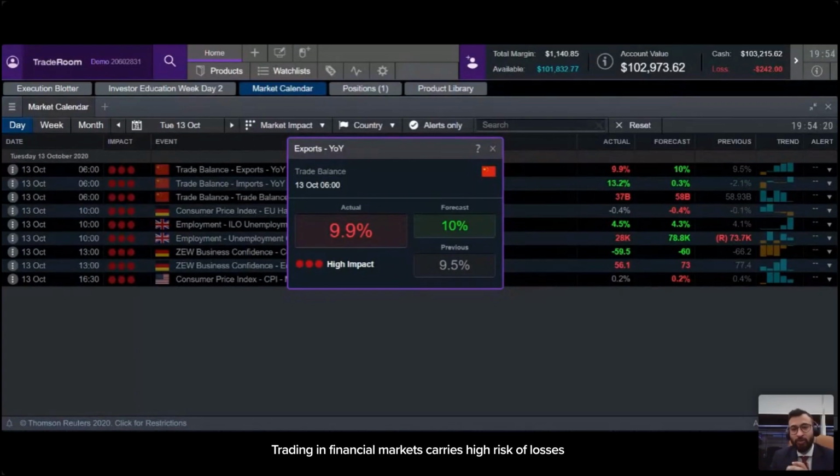Now you will see this and say, oh, it missed by 0.1%. But technically, the forecast was 10%, it came 9.9, but the actual number is still better than the previous, which was 9.5, right? So you can see what happened to the stock markets after that. We saw a lot of push, the stocks went higher, because if Chinese exports are increasing, that's a good sign, right?